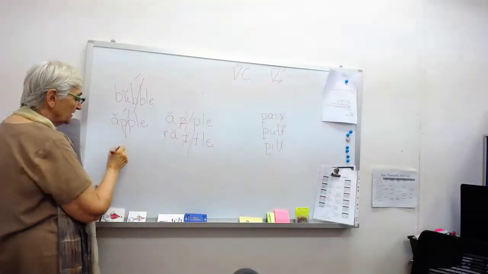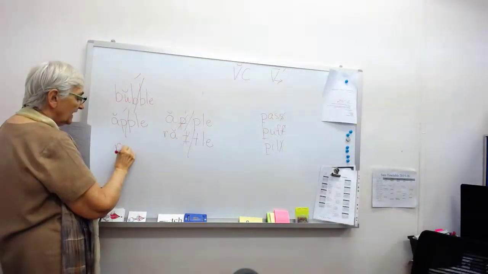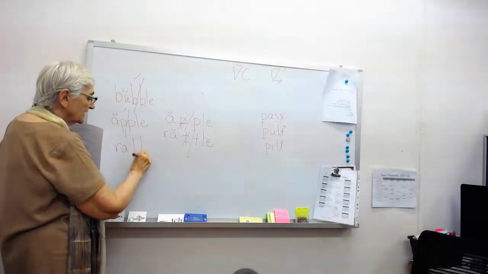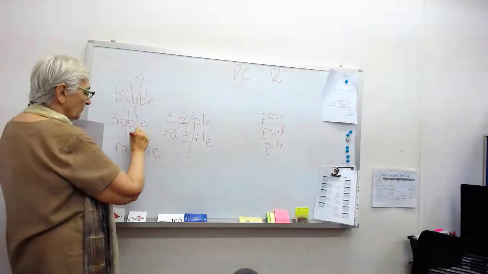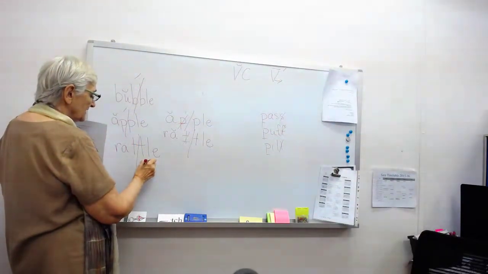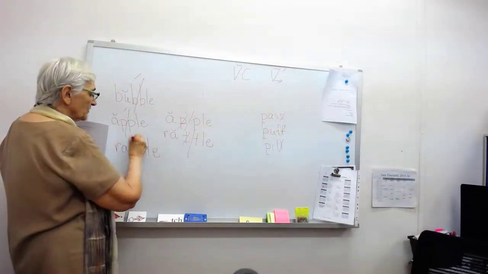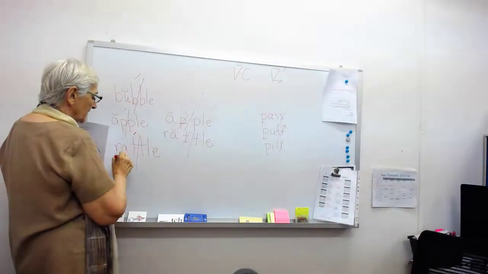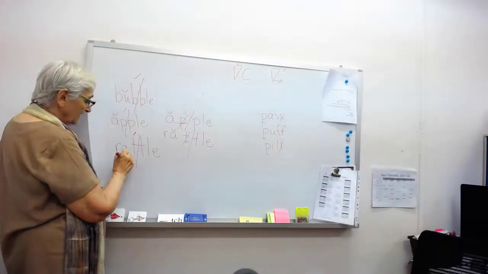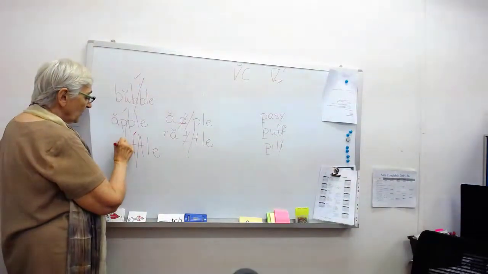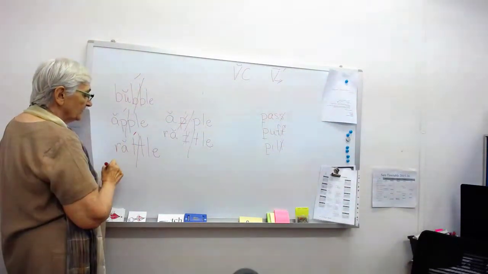Okay, and then this one, R, A, T, T, L, E. I'm going to break it between the consonants, and I'm going to put a stress mark here to remind me that that is going to say it's going to be louder, longer, higher. And then I'm going to code this with a break.